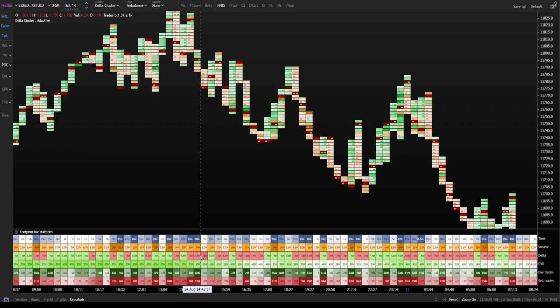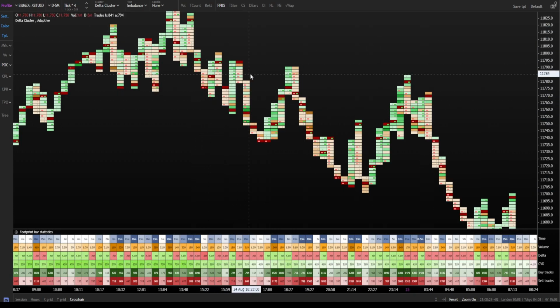One thing I would also say is that delta charts sometimes take a little bit longer to form, as usually the candle fluctuates from minus 5 million delta to plus 5 million delta, right? Because it only creates a new candle if either negative 5 million or positive 5 million delta is created.